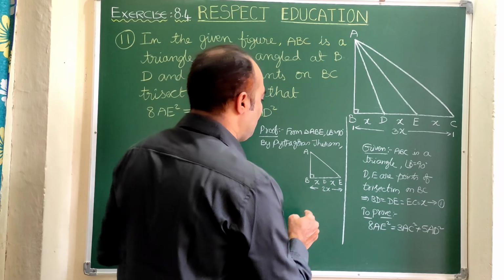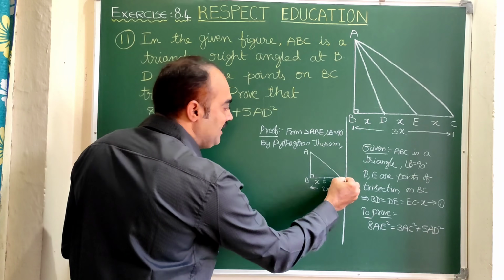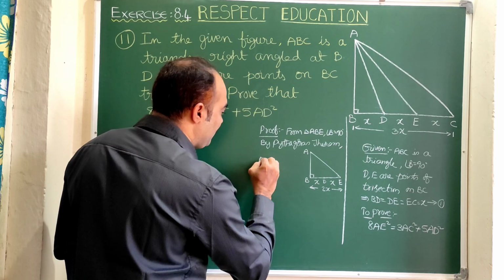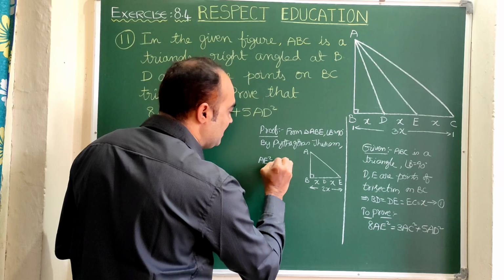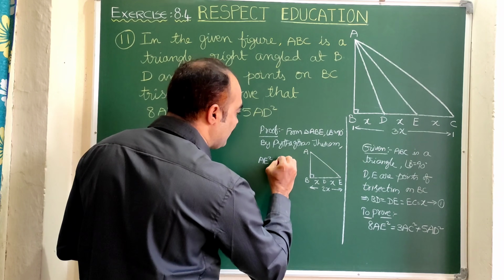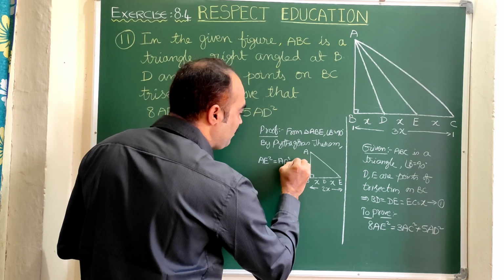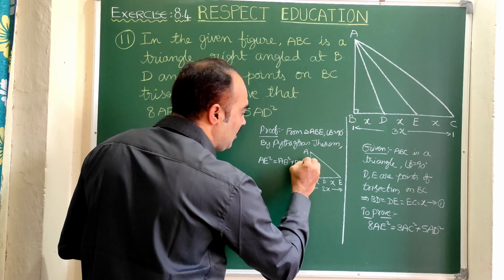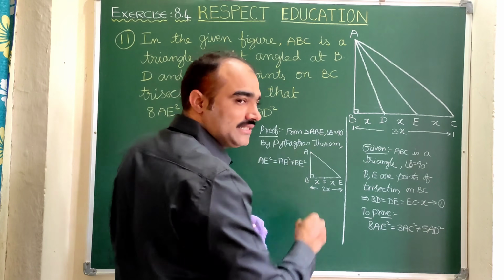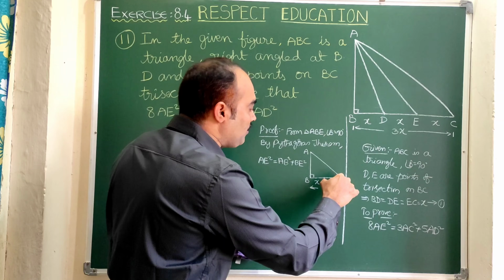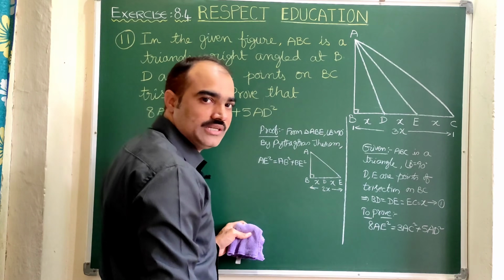Now here let us apply Pythagoras theorem. AE is the hypotenuse. We can write AE square is equal to AB square plus BE square, because Pythagoras theorem says that the square of hypotenuse is equal to sum of the squares of the other two sides.